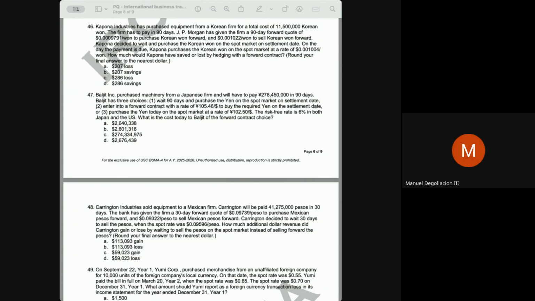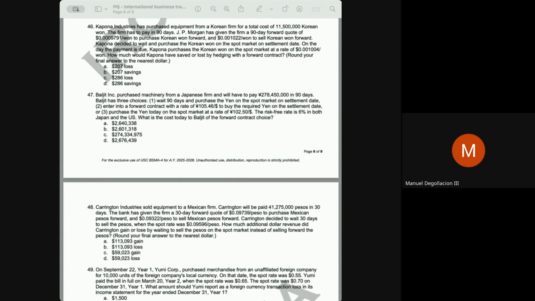the applicable periodic interest rate is computed by multiplying the 6% by 90 and dividing it by 360. So the interest rate applicable for the 90-day period is 6% times 90 over 360.